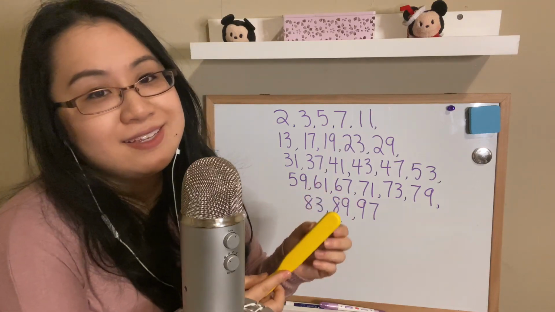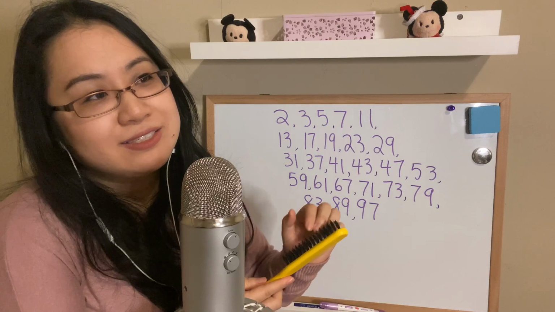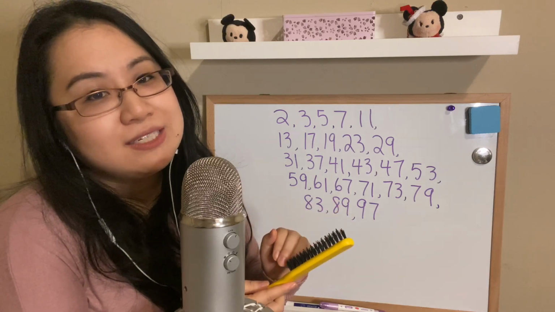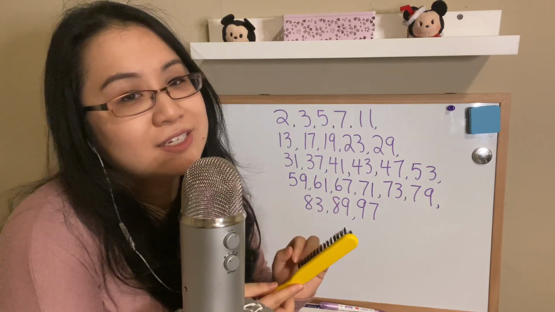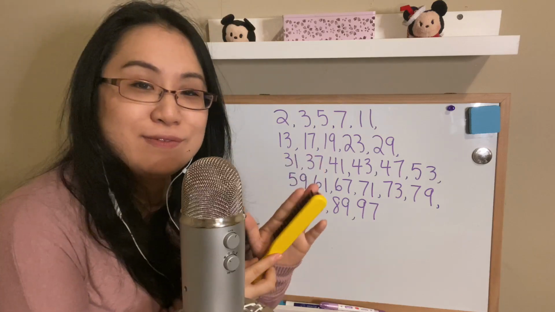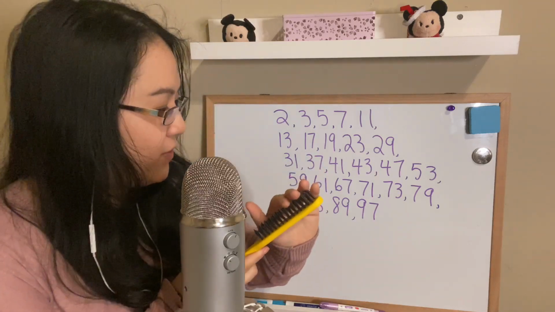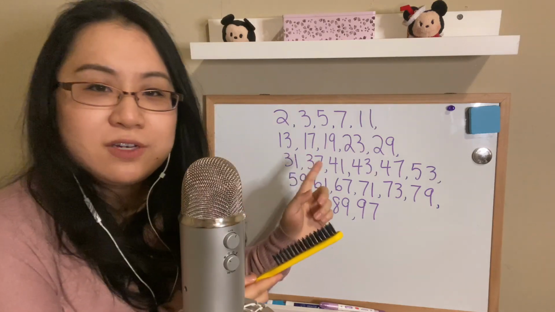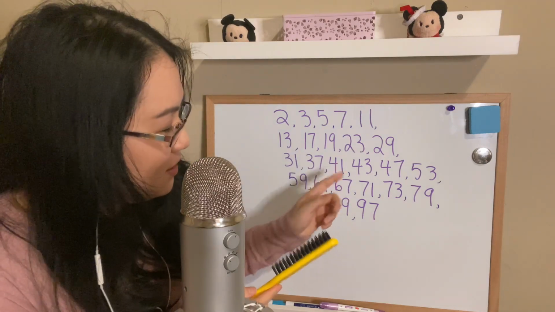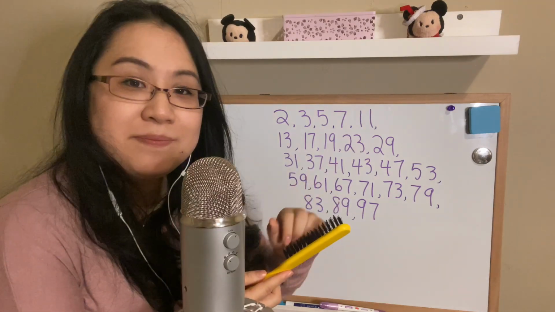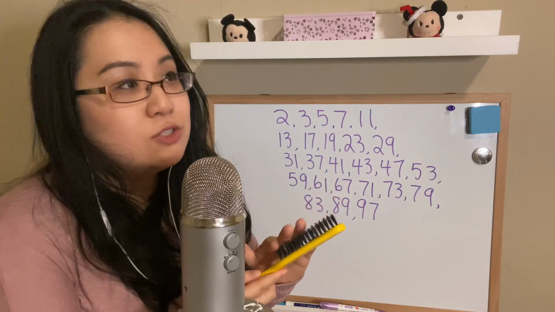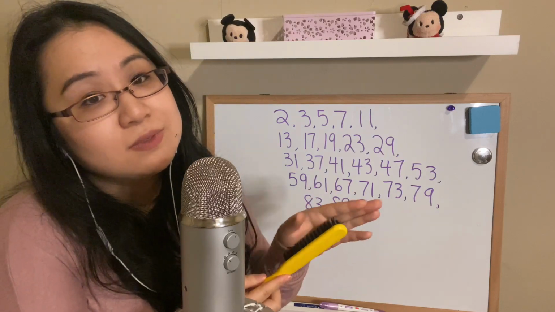40 is, let's see, about 5 times 8. So 2 cubed times 5. What number are we on? 40. 41 is prime. 42 is 6 times 7.